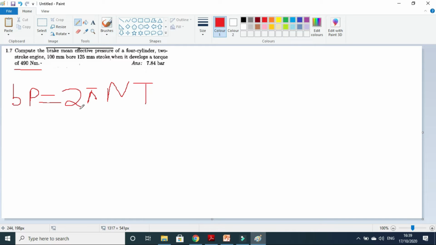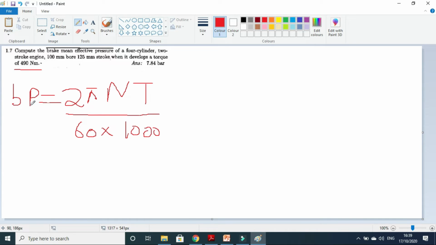So brake power is equal to 2 pi N T, and when torque and RPM are given, you can use this formula. If you are using N in RPM, you need to divide by 60, and if you need the brake power in kilowatt, then you need to divide it by 1000. If you don't divide by 1000, you will get brake power in watt.